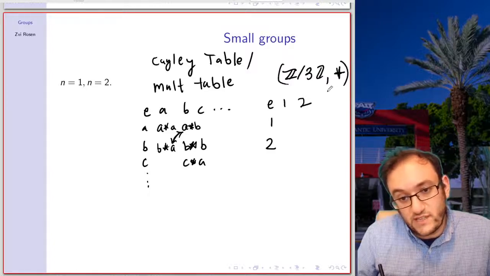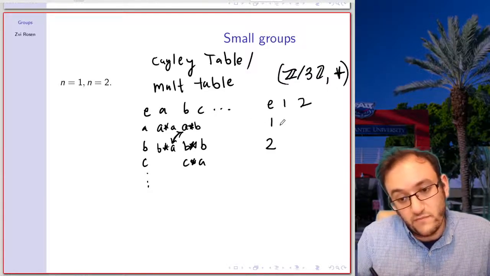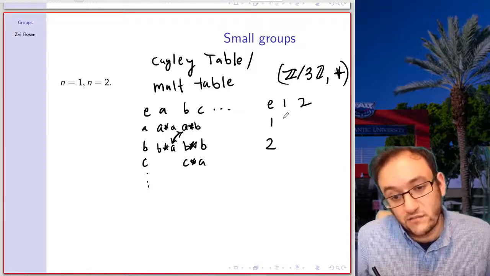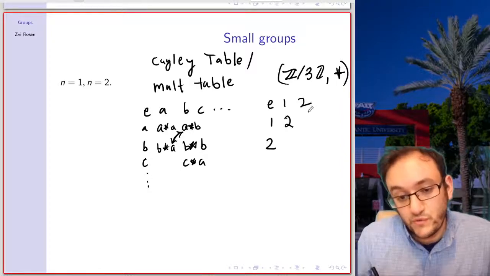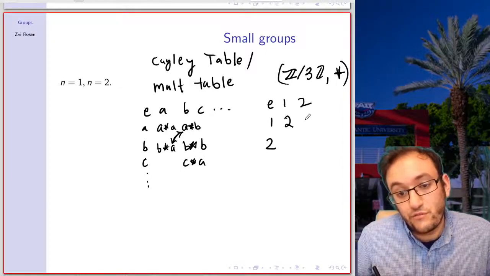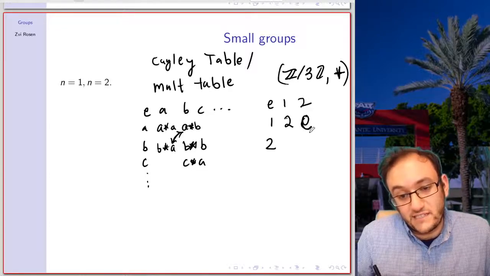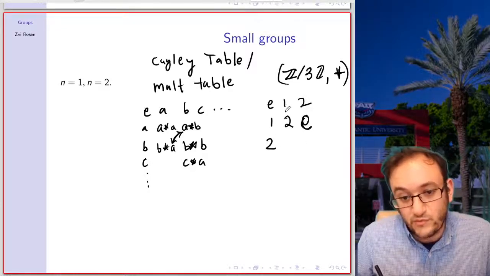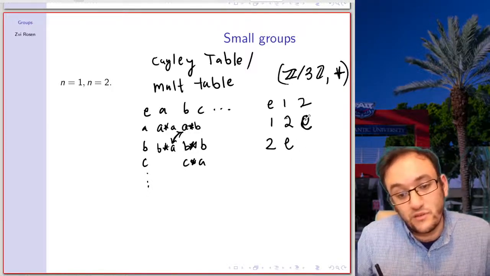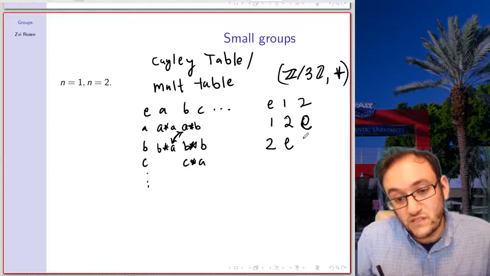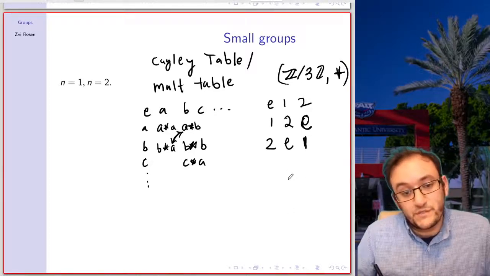This is a group we discussed in class. So when I take 1 plus 1, I get 2, so I put that here. When I take 1 plus 2, I get 3, but 3 mod 3Z is 0, so we get our identity element. Similarly, when we take 2 plus 1, same deal, because this is an abelian group, and 2 plus 2 gives us 1.